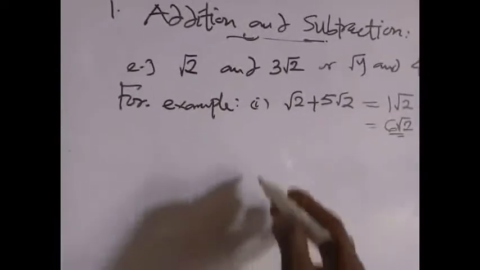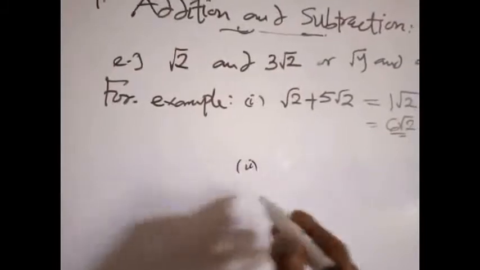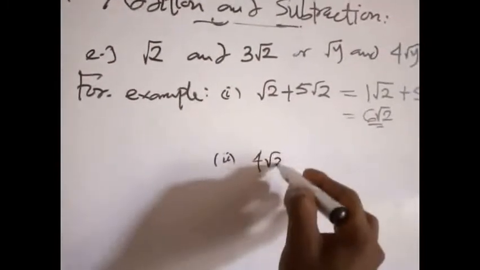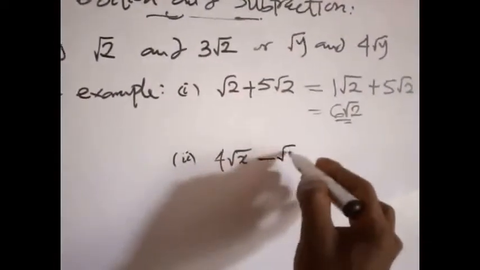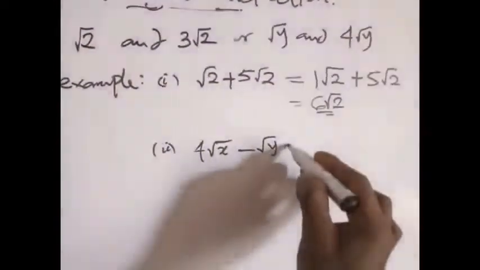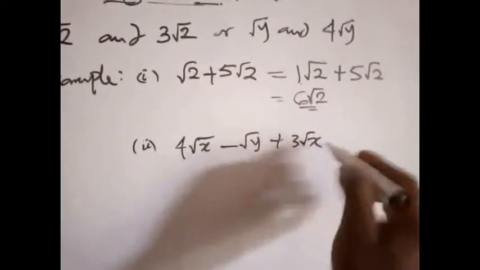Let's look at another one. Let's call it number 2. Maybe we have 4 root s minus root y plus 3 root s.